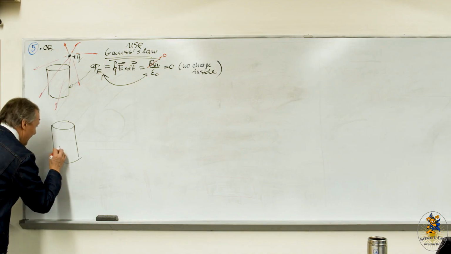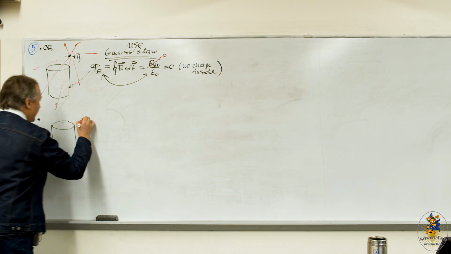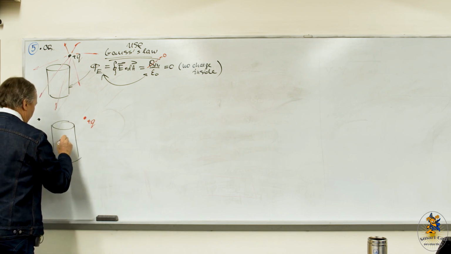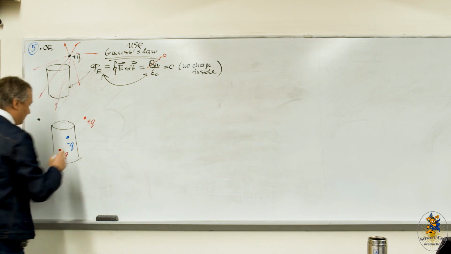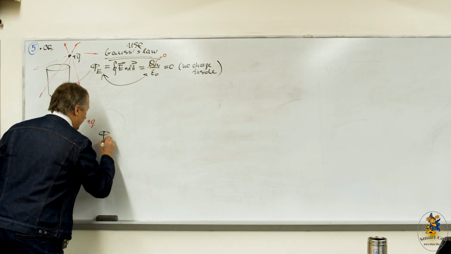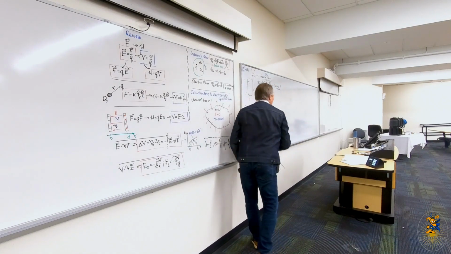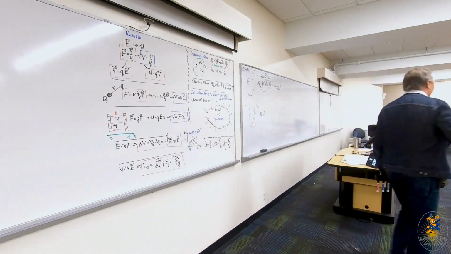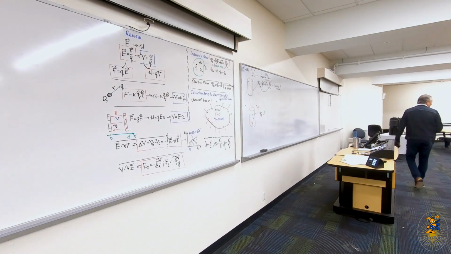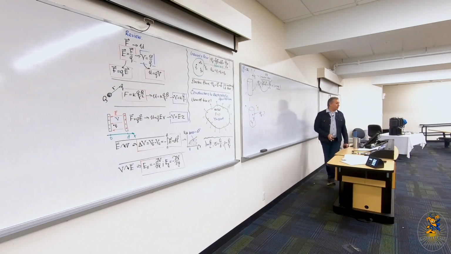So plus Q, then over here I will dump plus Q, and over here there will be a minus Q. The same question: what's the electric flux through this surface? Of course, now you all see the answer, right? Plus Q minus Q, total charge inside is 0, divided by epsilon naught, flux will be 0.